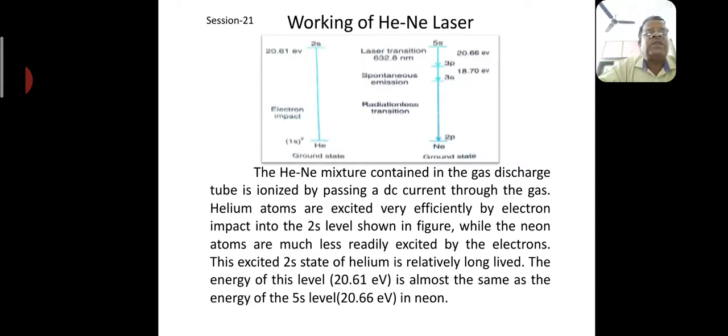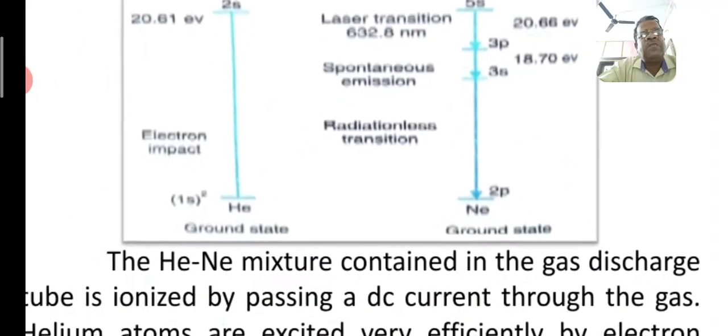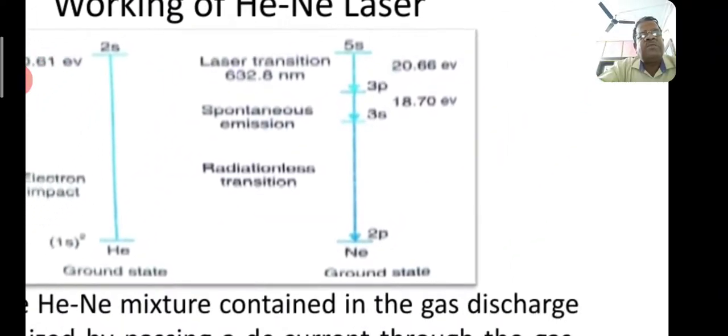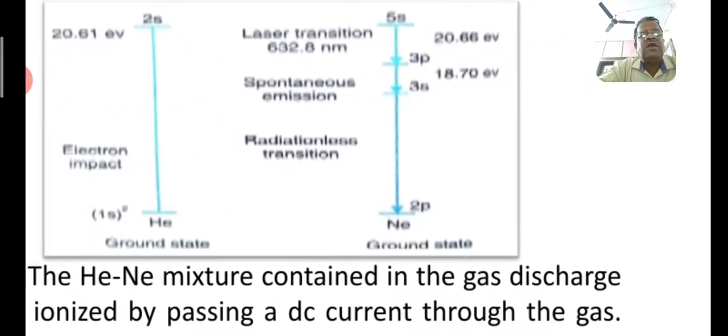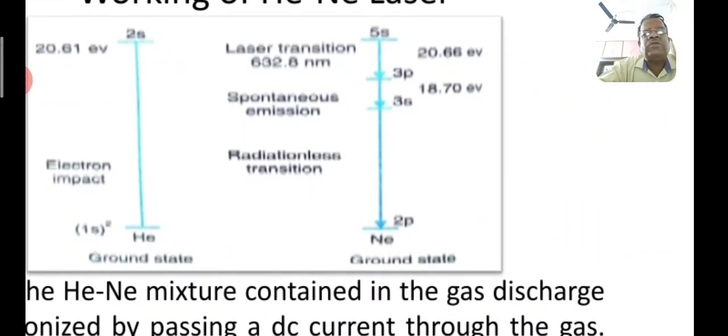See here, working of a helium neon laser, session number 21. Observe the energy level diagram of helium and neon. In the helium atom, the ground state level is 1s2, whereas the excited state has energy 21.6 electron volt, that is the 2s state.